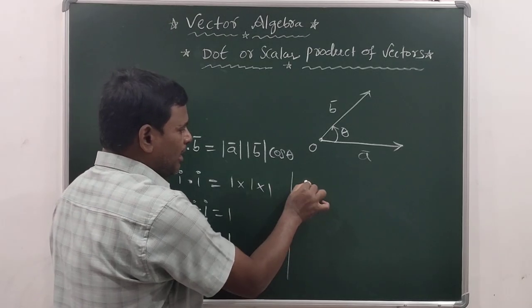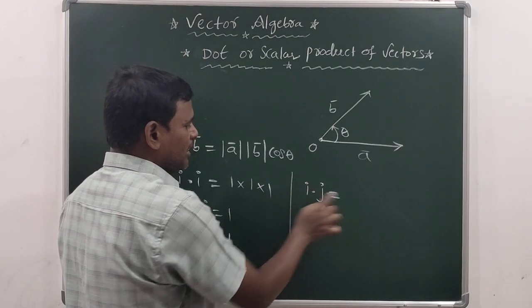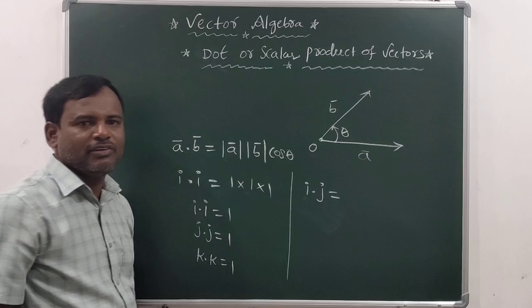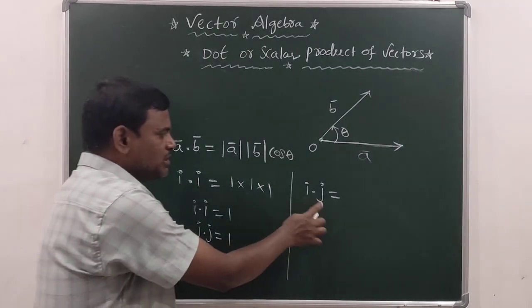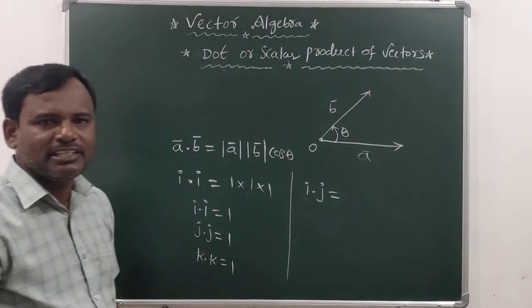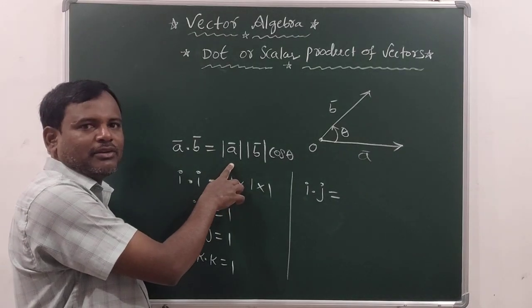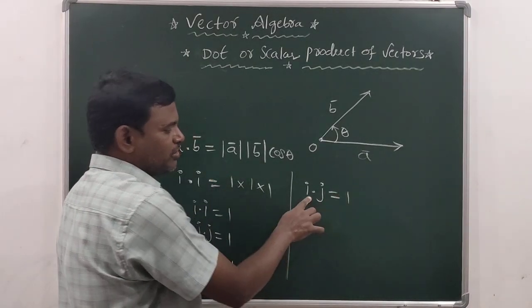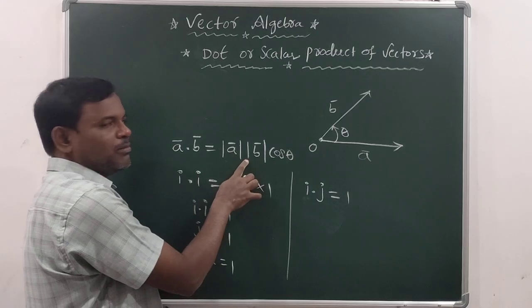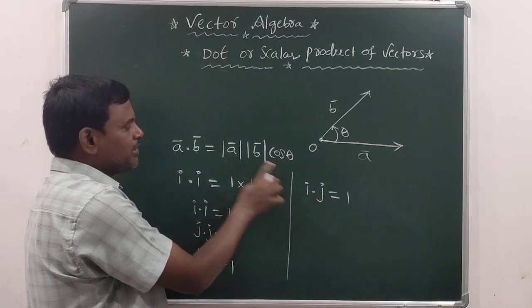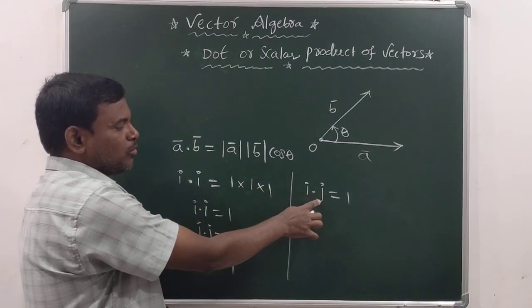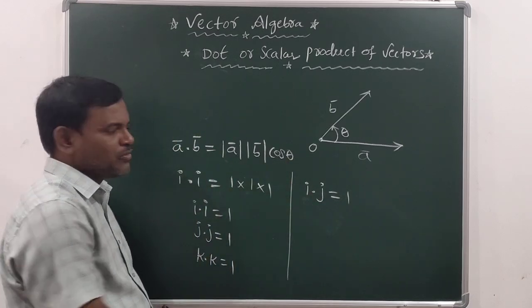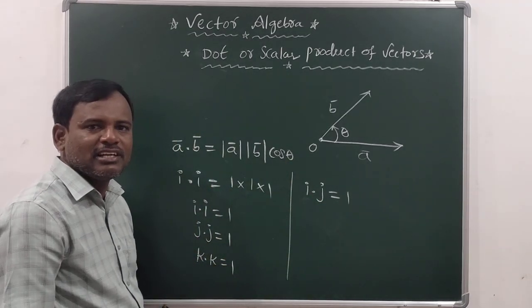Now find i dot j. i is a unit vector, j is a unit vector. The angle between these two is equal to 90 degrees. Now put here the magnitude of A, i, which becomes 1. Apply this formula between these two. The magnitude of B, j, is going to be 1 only. The angle between these two is 90 degrees.